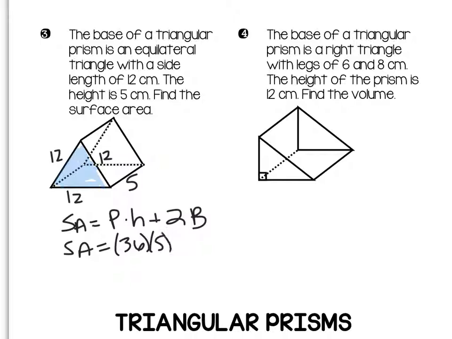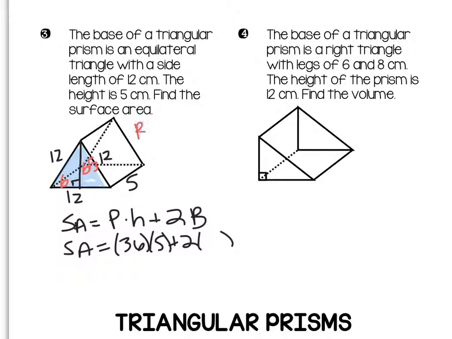My height is 5, plus 2 times my area of the base, so I need to find my base. This is like the problem we just did. So we're going to split that up into a 30, 60, 90 triangle. Since the hypotenuse is 12, that means my base right there is 6, and the height is 6 square root 3.